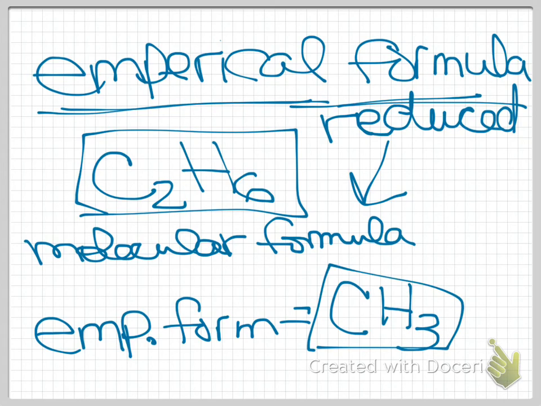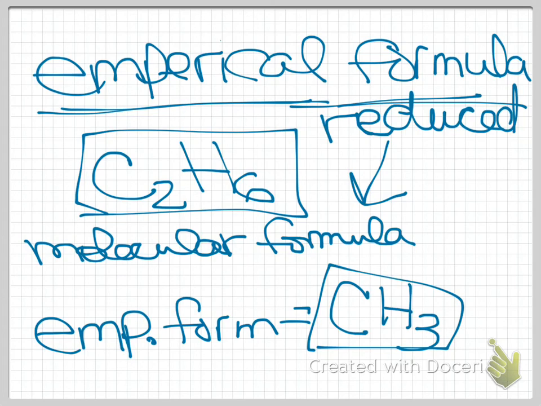And empirical formulas become useful for scientists and chemists when they are trying to identify unknowns. If you have an unknown sample, let's say at a plane crash site, or an unknown substance that was found in a lab or a site, a meth lab or something along those lines, and they want to identify what it is, it's very helpful to know the empirical formula.